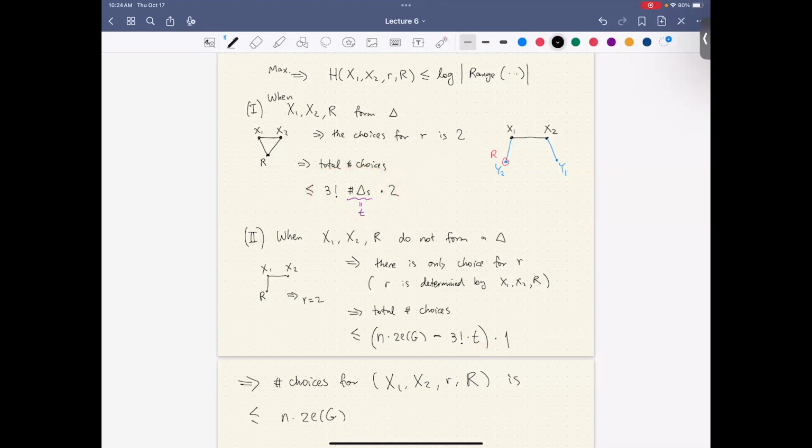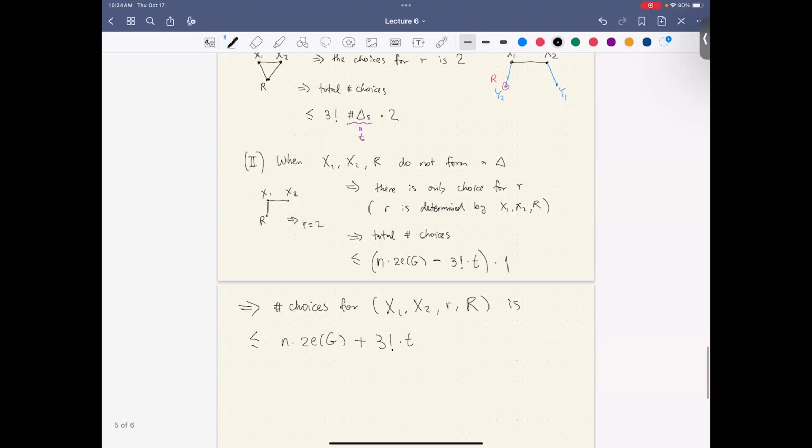So just plus 1 portion plus 2 times, there's no 2, plus 3 factorial times t, number of triangles.